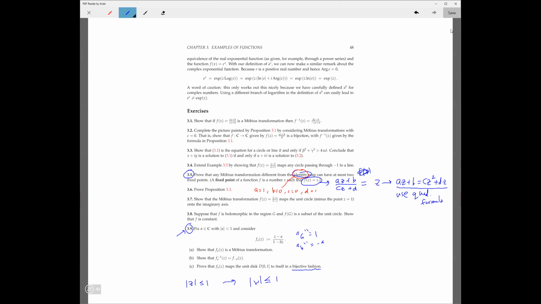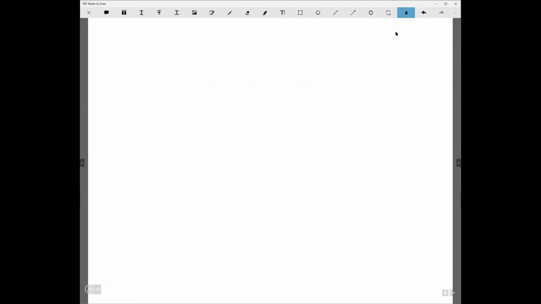Okay, so let me go to the next page here. So this is 9C. You're given this one right here, and it's an obvious transformation.